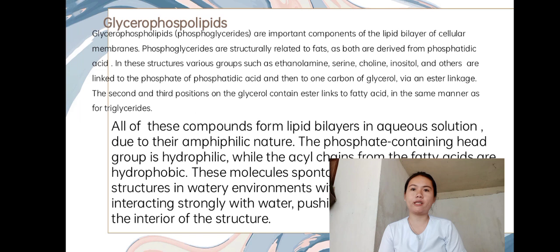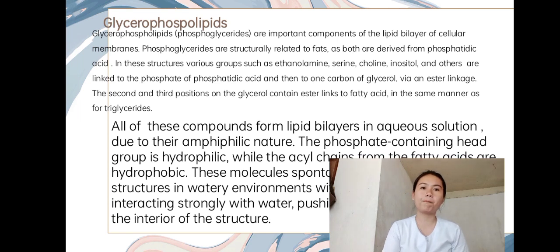Glycerol phospholipids. Glycerol phospholipids are important components of the lipid bilayer of cellular membranes. Phosphoglycerides are structurally related to fats, as both are derived from phosphatidic acid. In this structure, various groups such as ethanolamine, serine, choline, inositol, and others are linked to the phosphate of the phosphatidic acid and then to the 1-carbon of glycerol via an ester linkage.